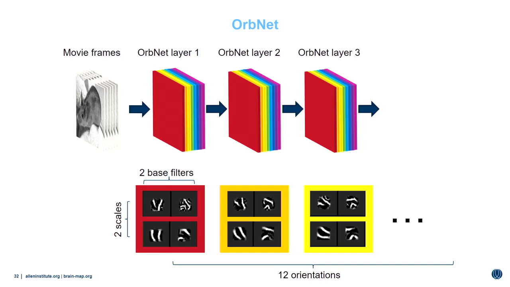We're working on an elaboration of convolutional neural networks, which we call OrbNet, which allows features to share weights not just over space, but also over orientations and scales. This allows us to do two things: it helps regularize the network and be more robust to overfitting, allowing us to fit these more sophisticated models to noisy neural data, and it also allows us to potentially marginalize out things like scale and orientation and look for classes of feature tuning.